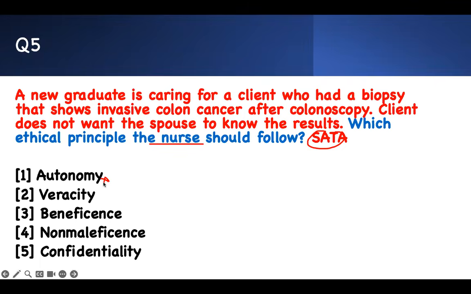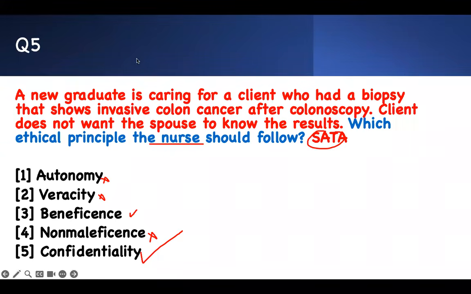Autonomy? No, that's me making my own decision. Veracity? No. Beneficence? Nonmaleficence? No, not the right answer. Confidentiality is your best answer because the client told you not to tell anybody, so don't tell anybody about it at all.